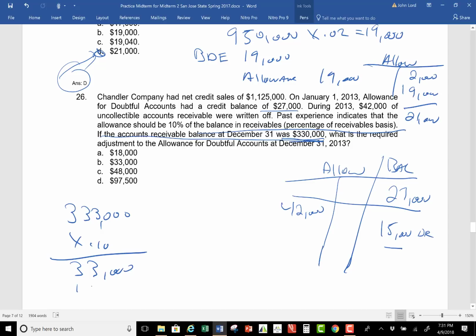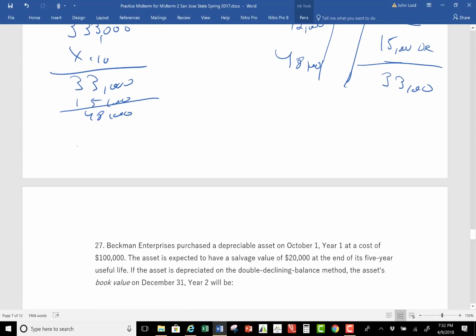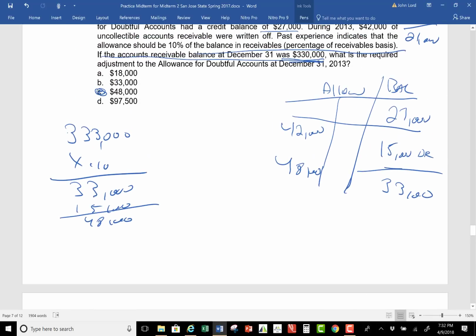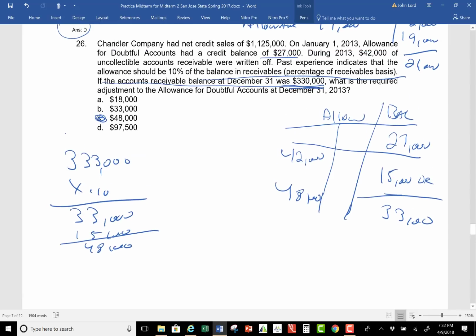Take the 33 plus the 15. That's what? 48,000. If you debit this for 48,000, now I end up with the desired 33,000 balance in here. Ooh, that one didn't even have an answer. 48,000?